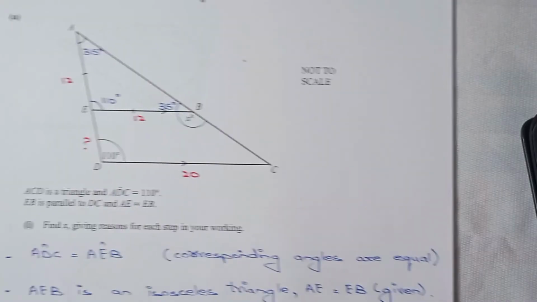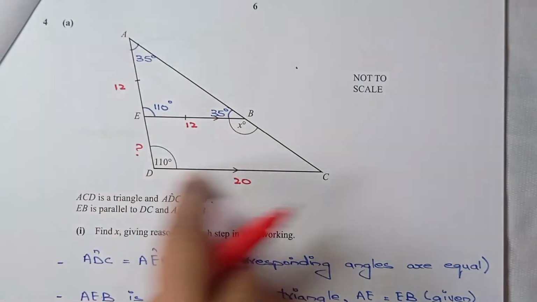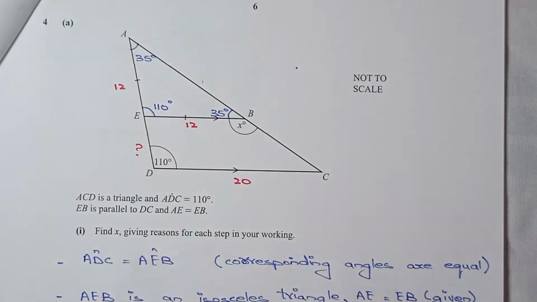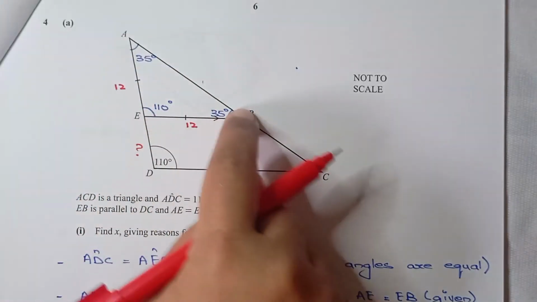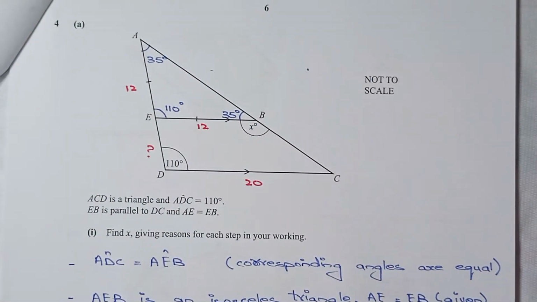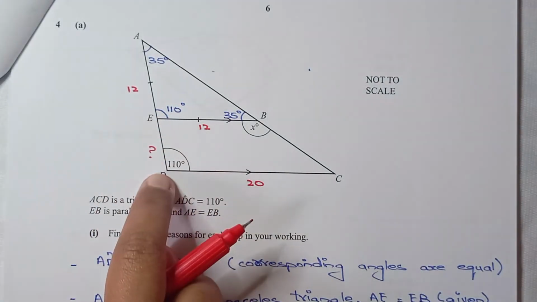Okay, if we use the concept of similar triangles, this triangle and this bigger one are similar triangles, because when one triangle is inside of the other, the two triangles are similar. So by using the concept of similar triangles, we can easily find out the side DE.